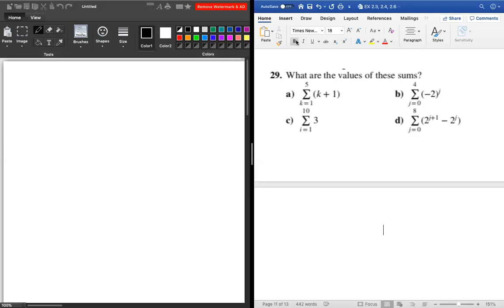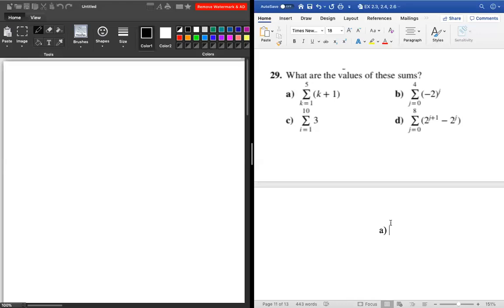So let's take a look at part number A. Here we have to do the summation. The value of k starts with 1 and goes up till 5.